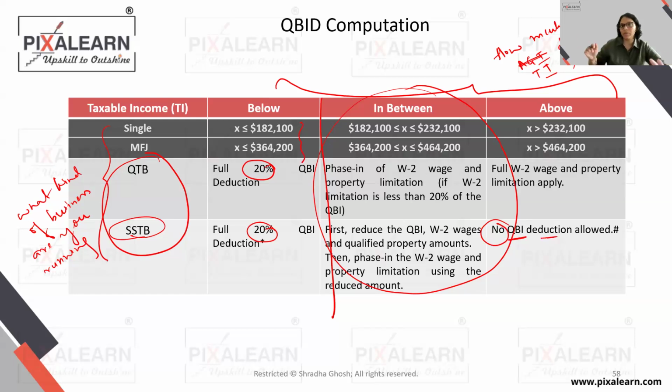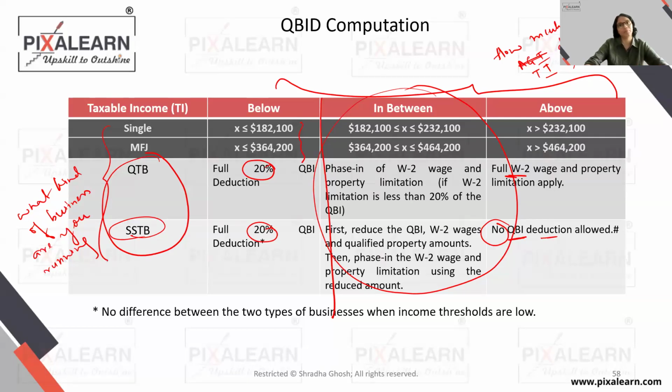And if you're a QTB, just remember this, there's something called W2 wages. So depending on how much property you have and how many people you employ and how much wage you give, there's a kind of deduction that reduces the 20% qualified business income deduction that you get. That's it. I don't want you to go any deeper than this.